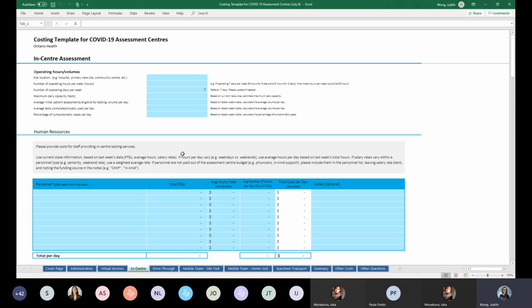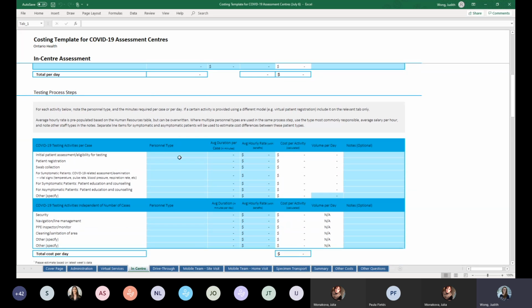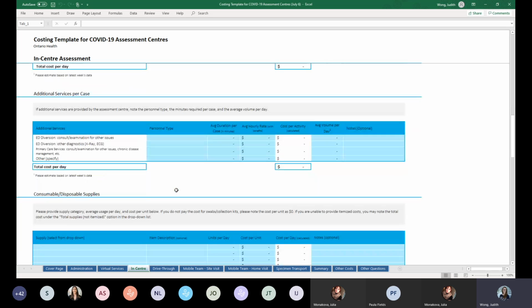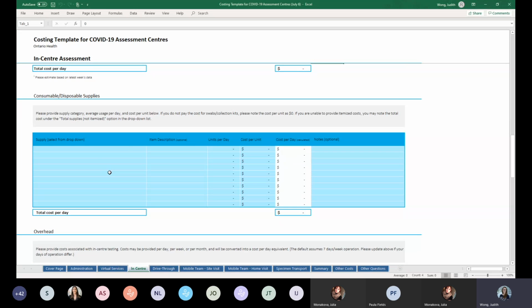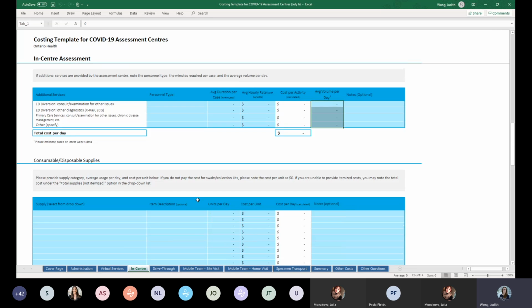If your 3 sites have a similar cost structure, so meaning your testing process steps are about the same, your time per patient is about the same across each of those 3 sites, your activities offered are more, well, even if you offer additional services at only 1 site, that's actually fine because you're going to give us the volume per day, and that would be the volume at that 1 site. Your supply costs, your overhead costs are more or less the same.